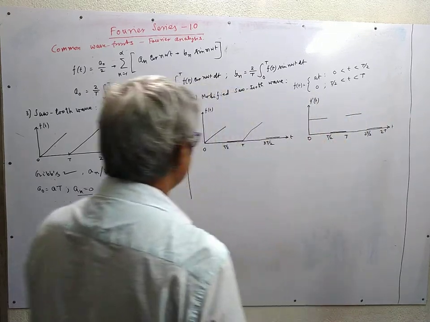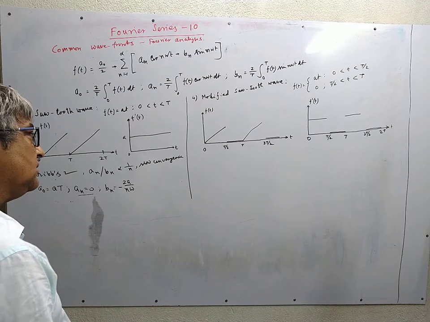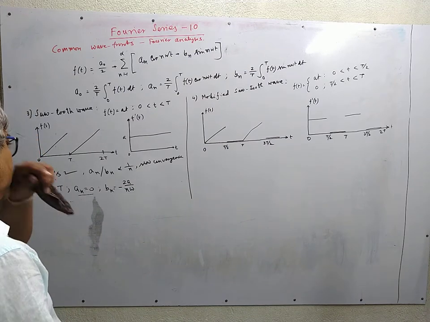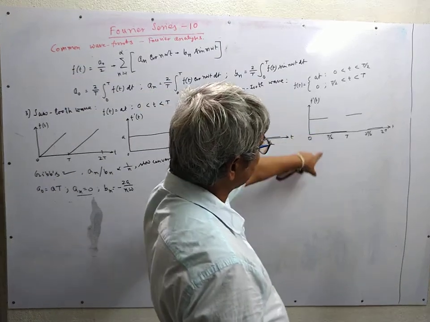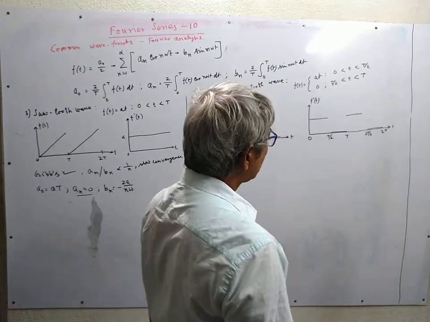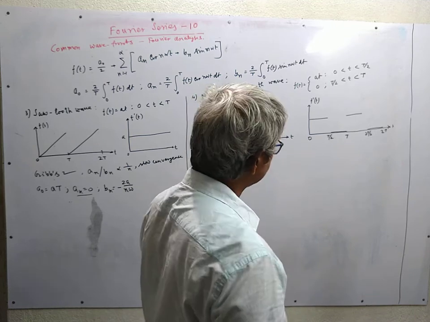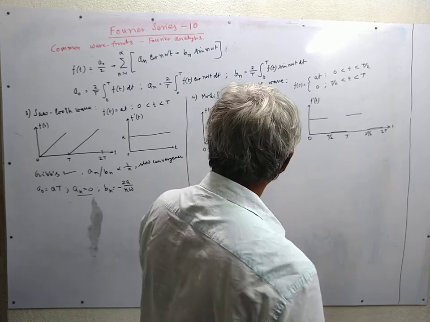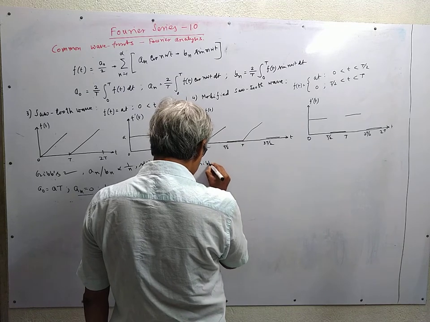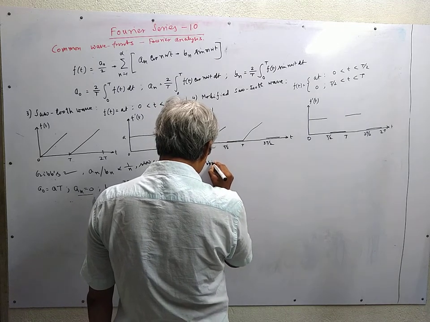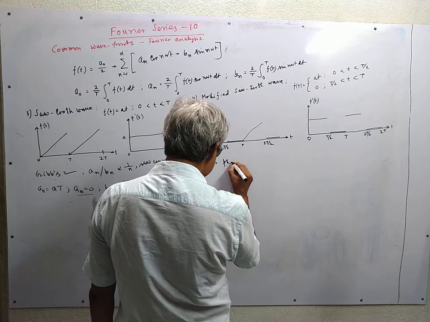So here we see that the function as well as its first derivative is discontinuous, but the second derivative is a continuous one, because the second and onward derivatives are 0. So we expect that Gibbs phenomena will be there.